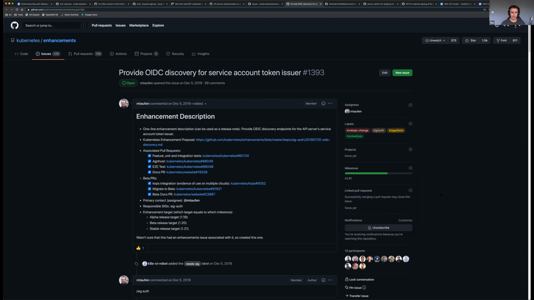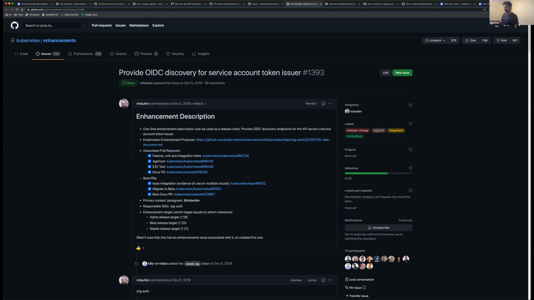Question, are the labels on these issues, the stage label, is that the stage it's currently in or the stage that it's targeting in the milestone? Nobody knows. I think that is the stage that it is targeting in the current release.